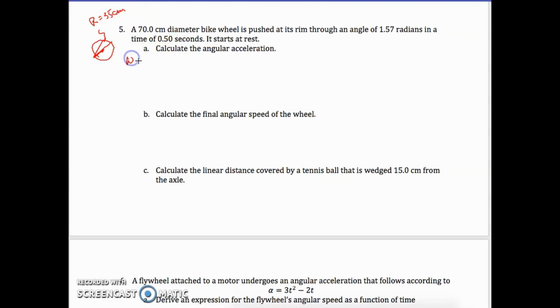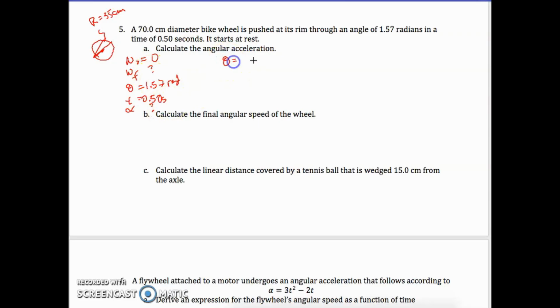And then we're given several angular quantities. So we have a time of half a second. It turns through 1.57 radians, also known as pi over 2. It starts at rest, so that's a 0. And then A and B ask for the angular acceleration and the final angular speed.